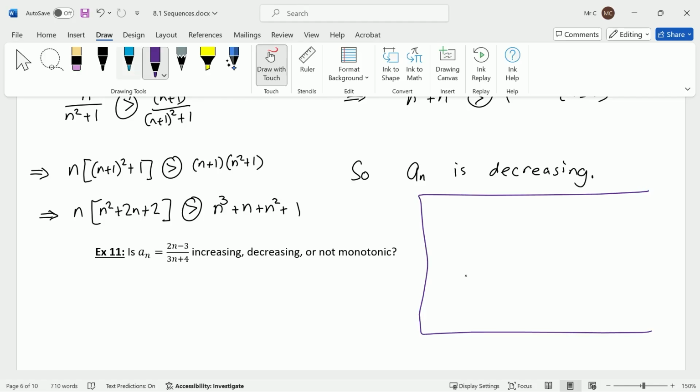You could always have a sequence that's decreasing like this, but the real valued function it's related to might do something like this.